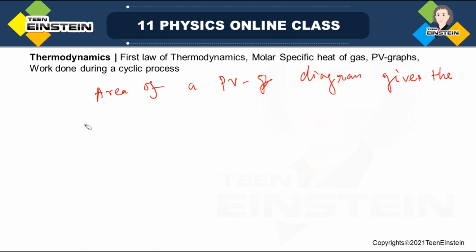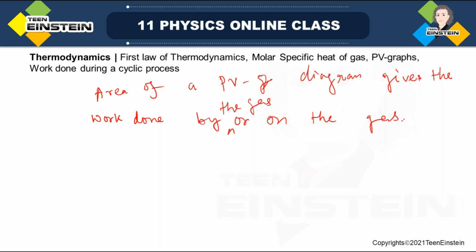The area under the PV diagram gives the work done by the gas or on the gas. So the area under the PV diagram will give you the work done by the gas on the surroundings, or the work done on the gas by the surroundings.